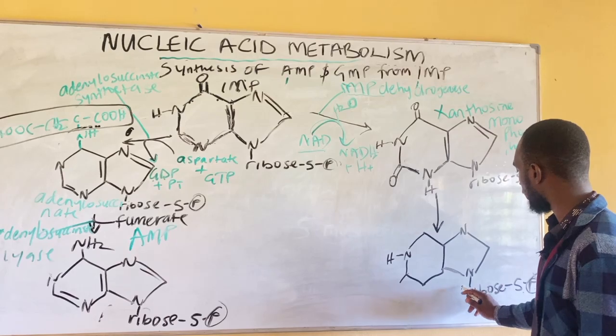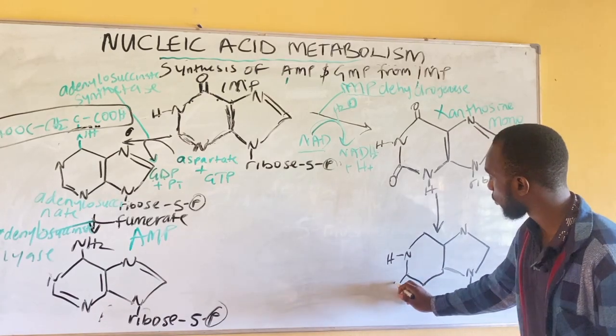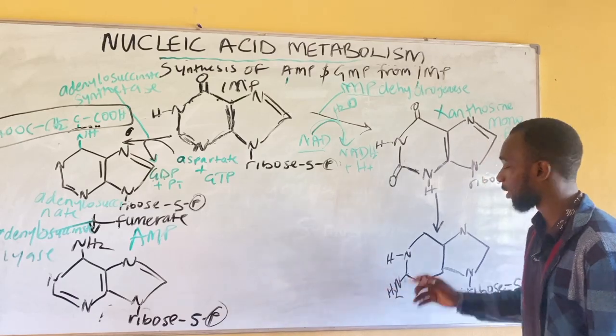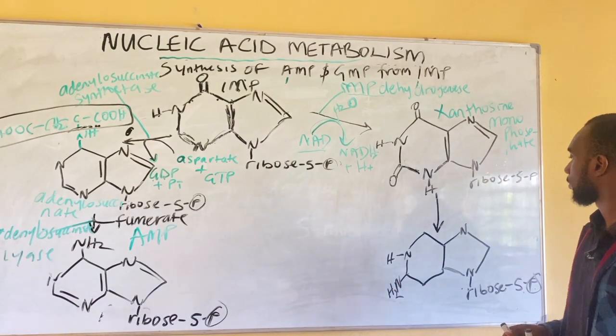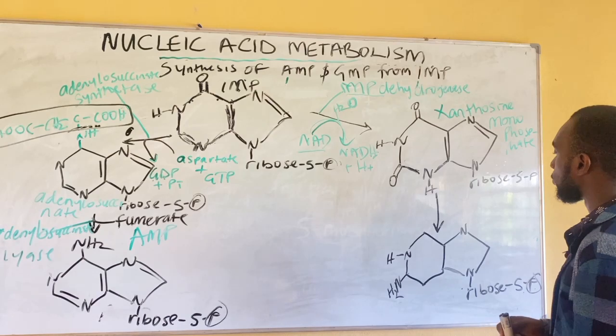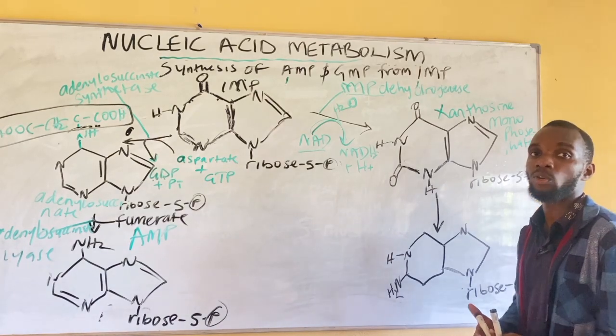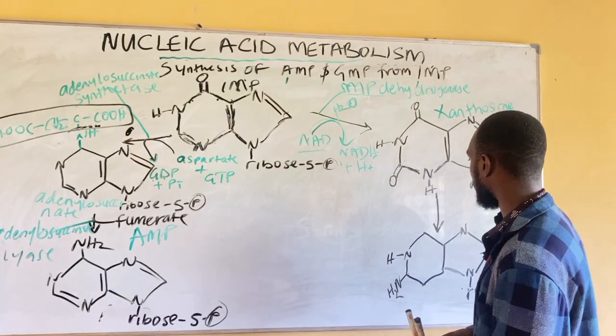This is ribose 5-phosphate. An amino group will then come in here, right? This amino group is coming from an amino acid called glutamine.